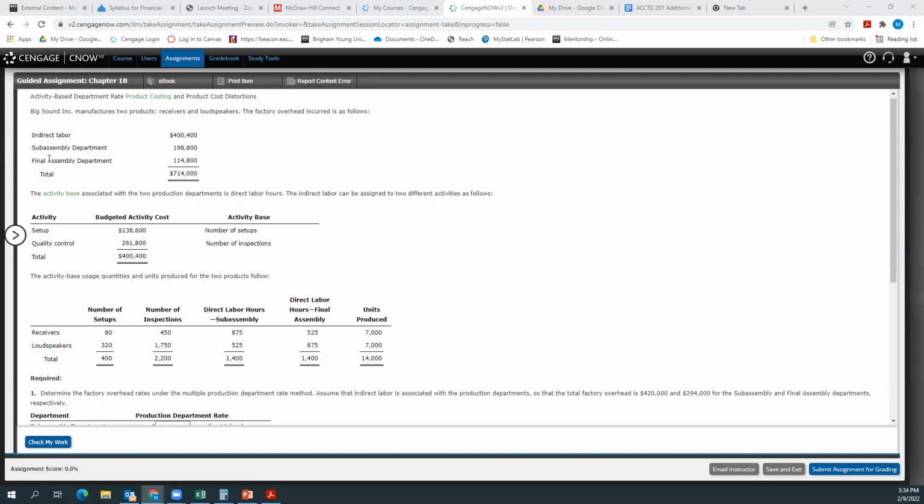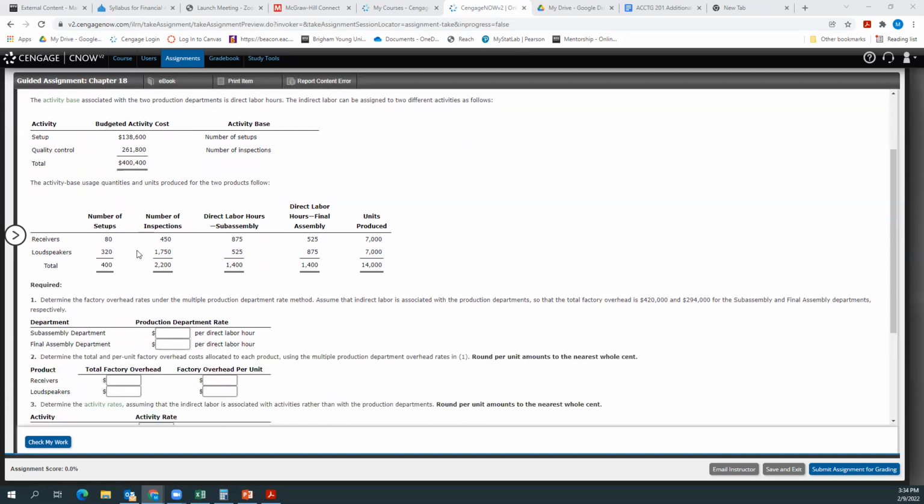We have indirect labor, sub-assembly department, and final assembly department. And then the activity base associated with the two products is direct labor hours. And the indirect labor can be assigned in two different activities as follows: setups and quality control. Then it gives us activity-based usage quantities. So just tons of information. And so we just have to kind of work through it.